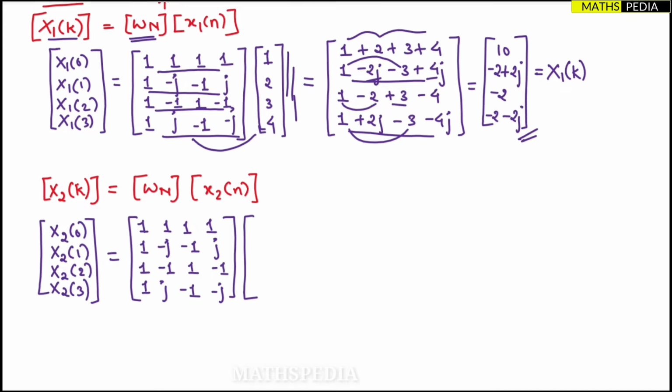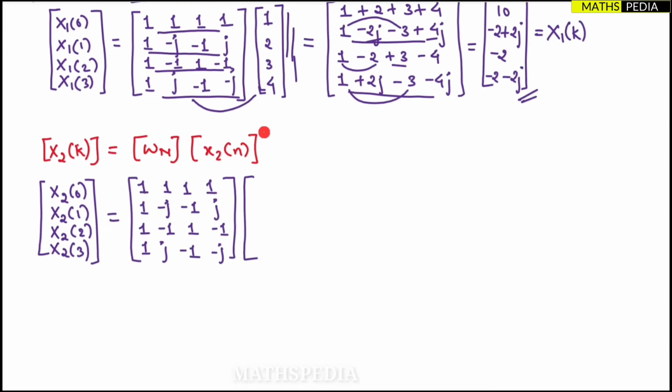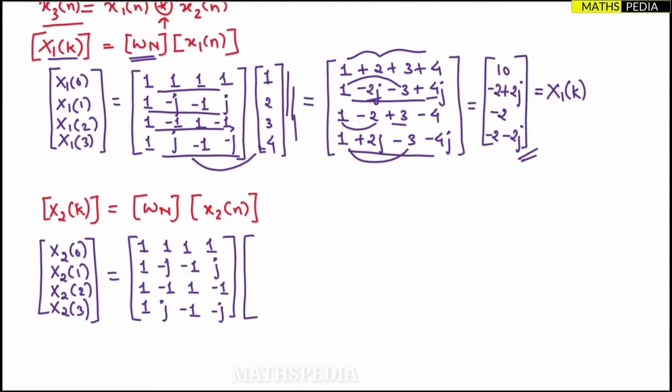Let us see again the elements, which is 6 7 8 9. So 6 7 8 9, we have to multiply again this one. First row into this column, that will be 6 plus 7 plus 8 plus 9.